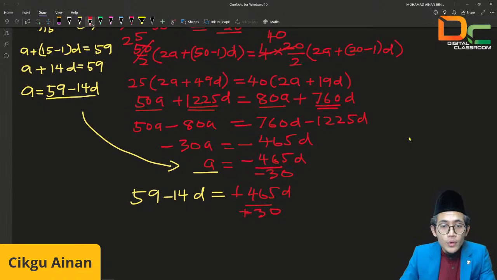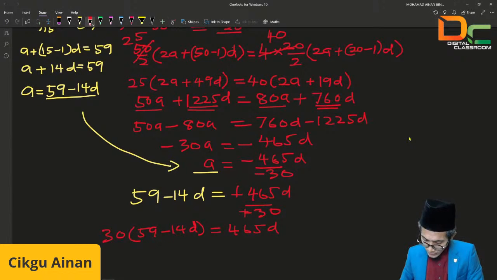So this 30 I bring over there. 59 minus 14D, oh yes, 59, I confused A with 59. This one D, okay, no problem. 465D, that's good. 30 multiplied by 59.